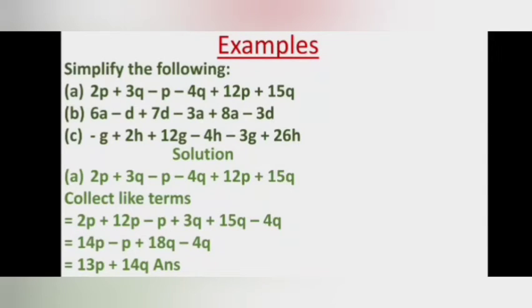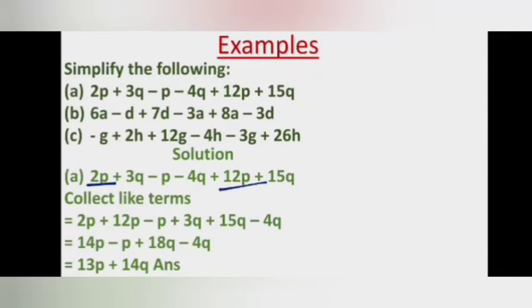To make it a bit easier for you, you collect the positive terms first. So you gather all the terms with the positive sign together. When you do that, you're going to have 2p followed by 12p.